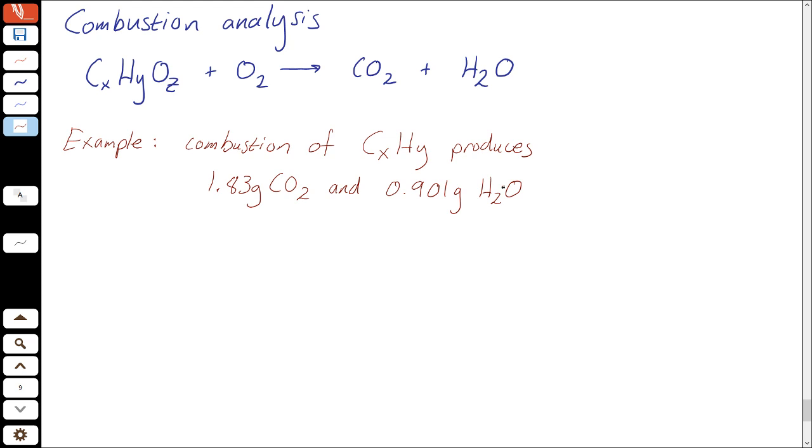Find the formula. So in this case, because it's combusting and producing carbon dioxide and water, instead of finding just the moles of carbon and the moles of hydrogen directly, we have to do it through the molar masses of carbon dioxide and water.